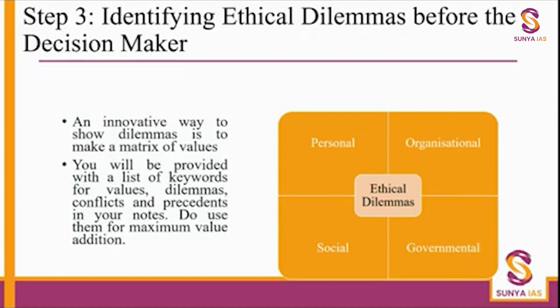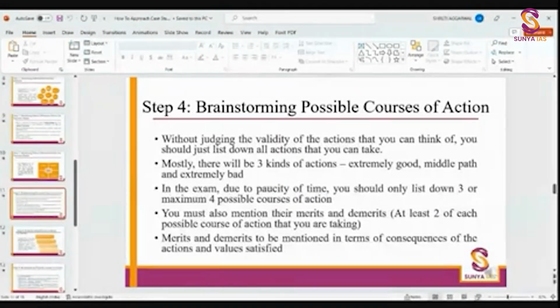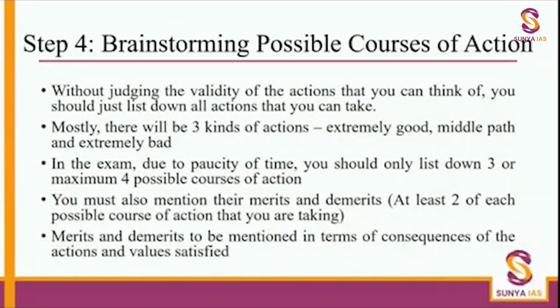Now we move on to step 4, which is brainstorming possible courses of action. Without judging the validity of the actions that you can think of, when you are asked to list down all possible courses of action, you list down every action that you can take, right?